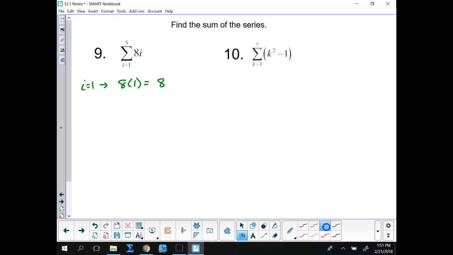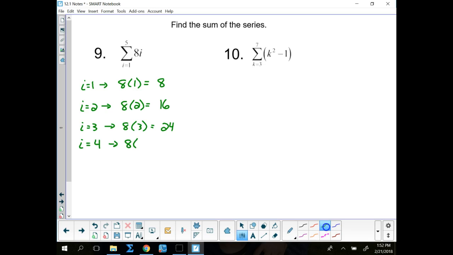Then you're going to go to 2. 8 times 2 is 16. Then you're going to go to 3. 8 times 3 is 24. Then you're going to go to 4, which is 32. Then you're going to go to 5, which is 40. Then you're going to go to 6. Why not?